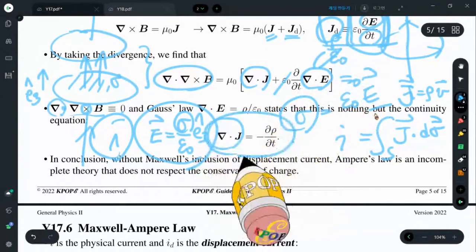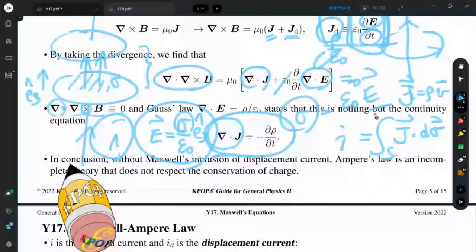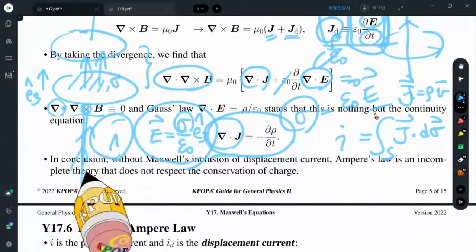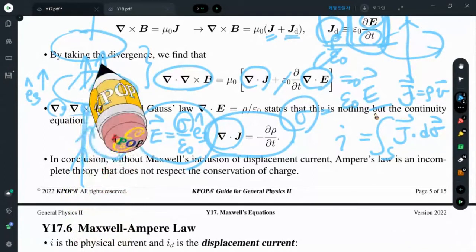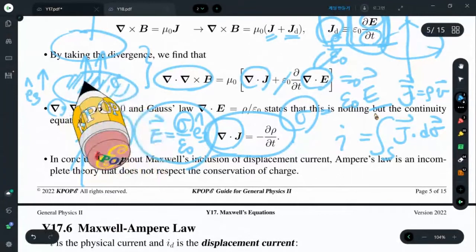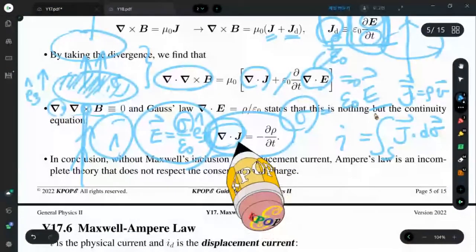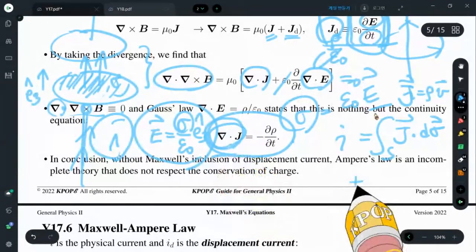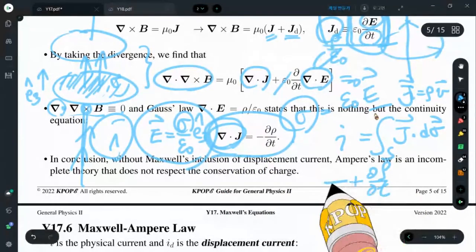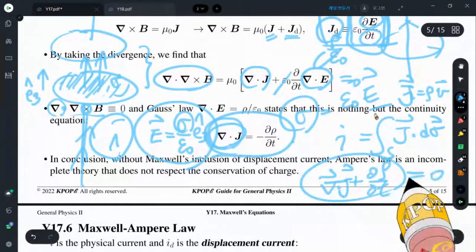You will find a continuity equation. If current flows in and no current flows out at all, then there is an accumulation of electric charge. Therefore, divergence J plus the time derivative of charge density, the sum of this is 0.